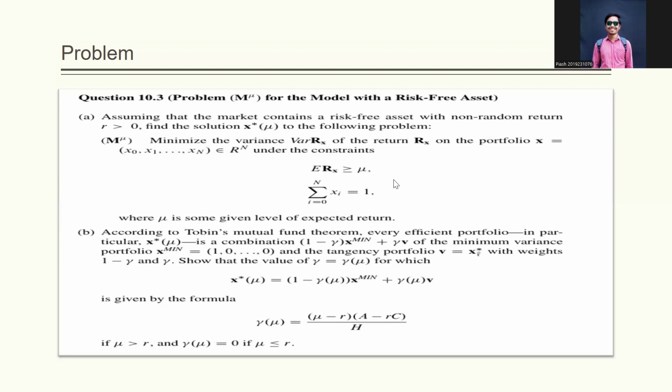And part B states that according to Tobin's mutual fund theorem, every efficient portfolio, in particular X star mu, is a combination of 1 minus gamma times x to the power minimum plus gamma times v, of the minimum variance portfolio. And you should look, here is given the formula: gamma mu equals mu minus r into a minus rc divided by h.